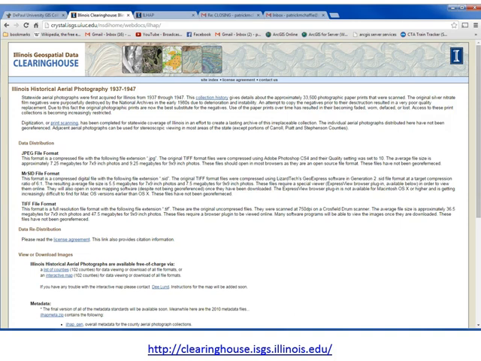This is a really nice example of this here in Illinois at the Illinois Geospatial Data Clearinghouse, which is housed at the Illinois State Geological Survey at the University of Illinois Urbana-Champaign, in downstate in Urbana-Champaign.